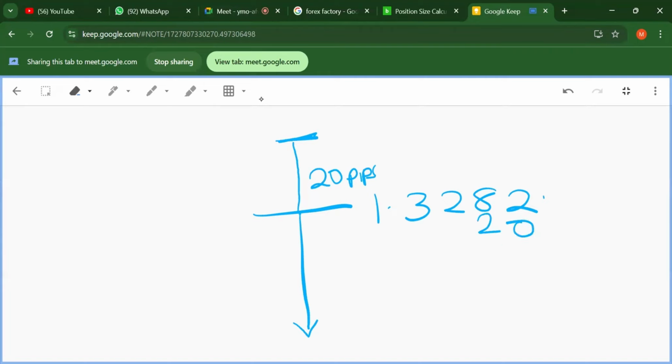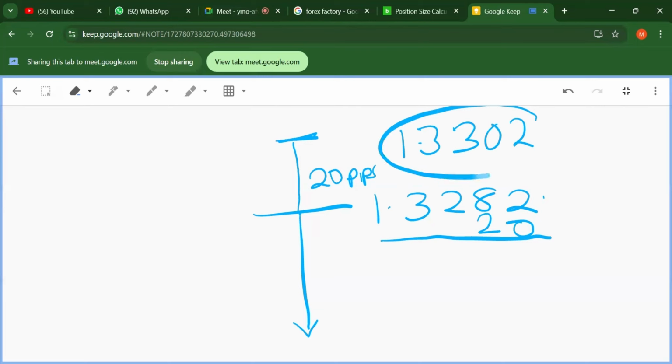You add your 20 there. So your stop loss, if the market goes up, you add. So here it will be 2, here will be 0, then it will be 3, 1. So if the market goes up to this price point against me, I will have lost 20 pips.